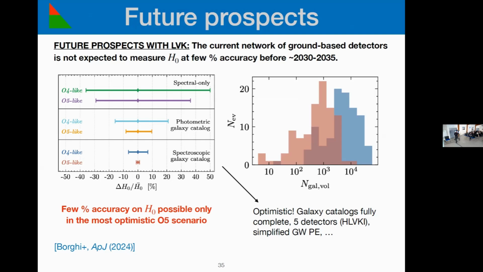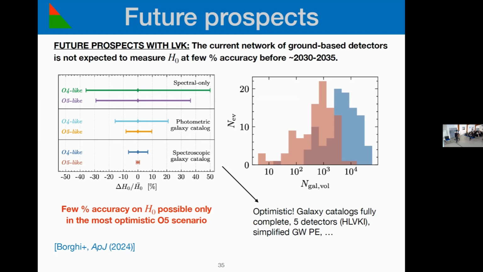You can see that with spectral sirens, which is what we call the case where we never use electromagnetic information, we can get basically down in O5 almost to, what is this, 30%, just without electromagnetic information. And if we have fairly complete galaxy catalogs, we can really go down below 10%. This is never going to happen.